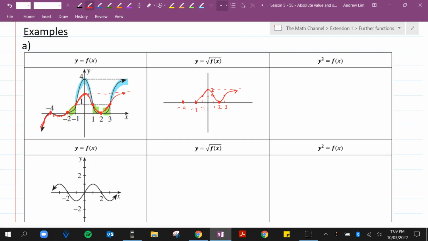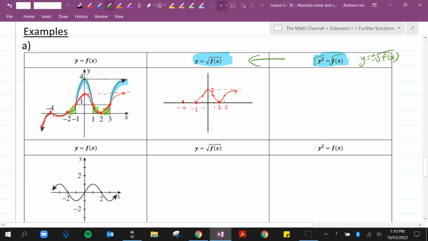What about y squared is equal to f of x? Now, you might notice, hey, these two are really similar. I mean, if we square root this one, won't we get y is equal to the square root of f of x? Which is pretty much that. Yes, but also no. Remember when we square root, we get plus minus.